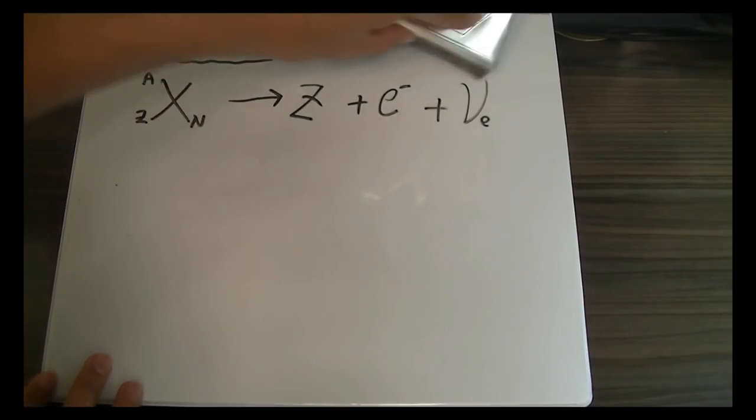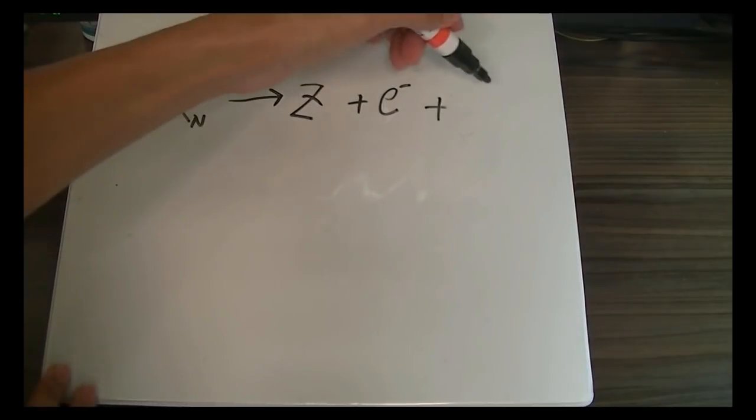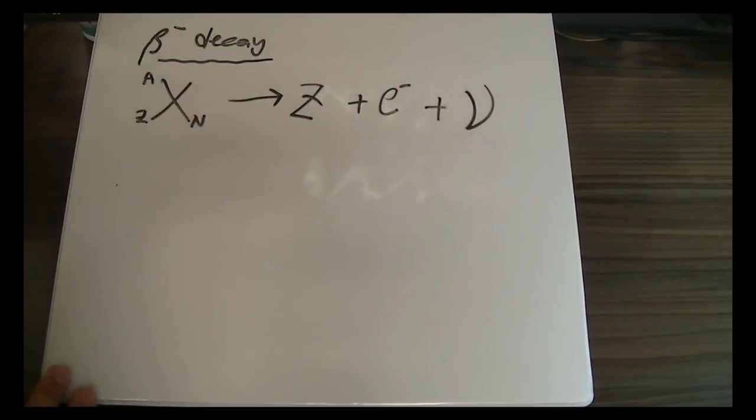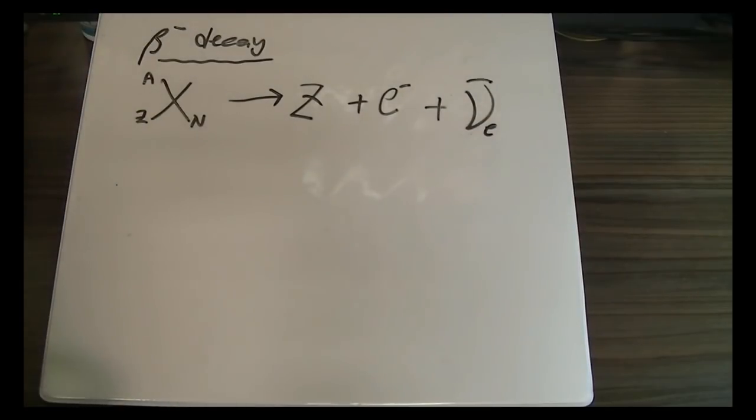The correct way to represent the antineutrino is, first you write nu, e, and a bar at the top. So this is now complete.